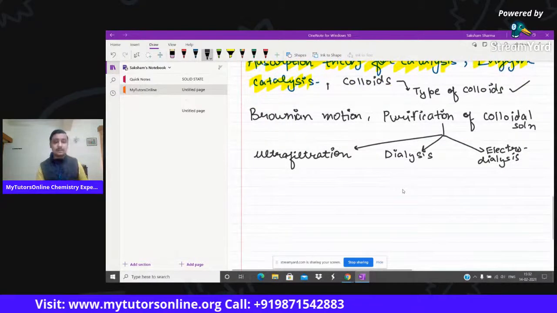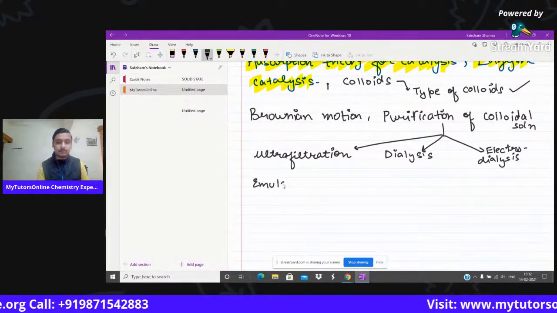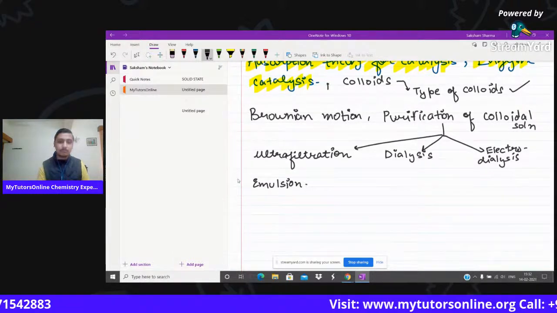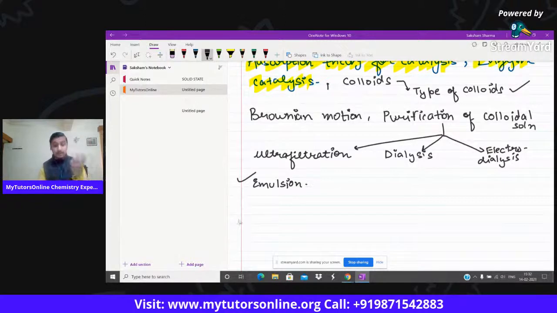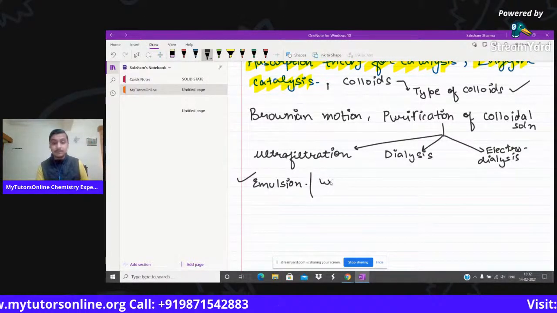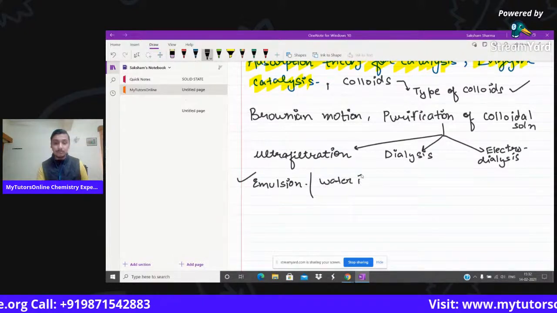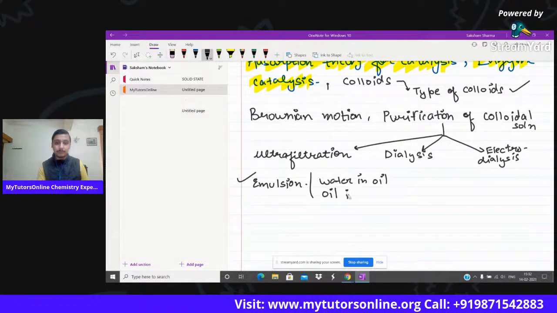There is one more last important topic which you can read: emulsions. An emulsion is nothing but a solution of a liquid in a liquid. It can be, let's say, water in oil or oil in water.